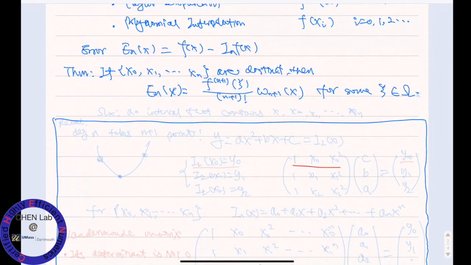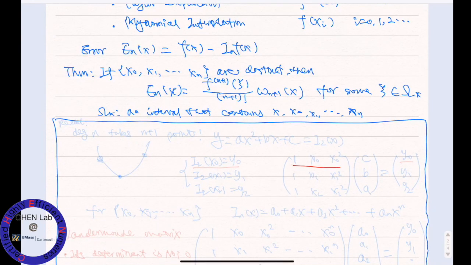Let's use Omega_x, an interval that contains x, x0, x1, up to xn.